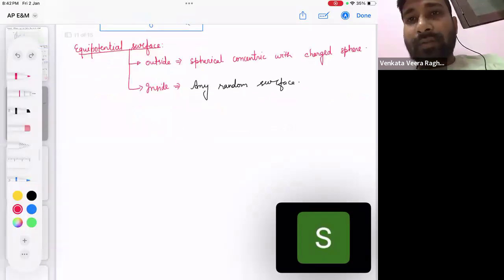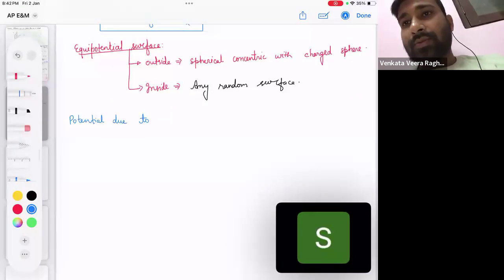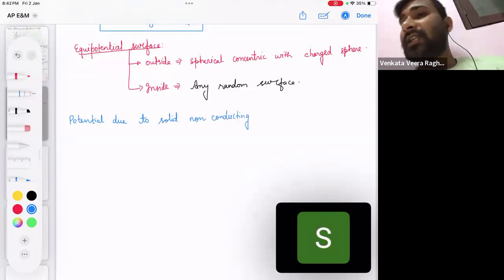So, solid, next one what we have? Potential due to a solid non-conducting sphere. Because the moment I say solid, I must mention it. Is it conducting or non-conducting?